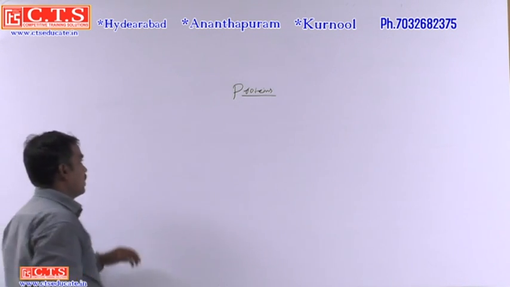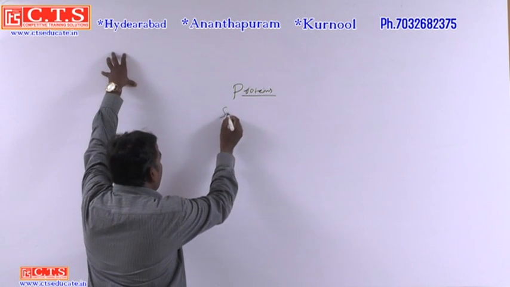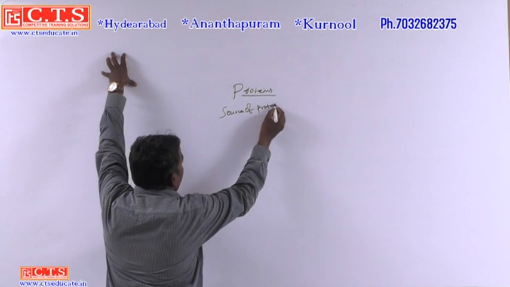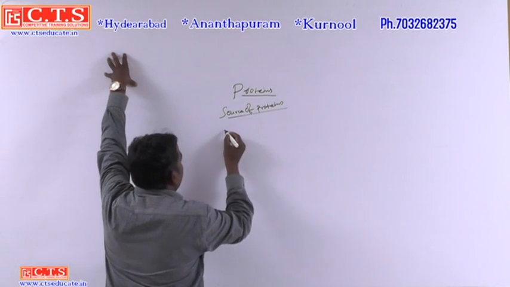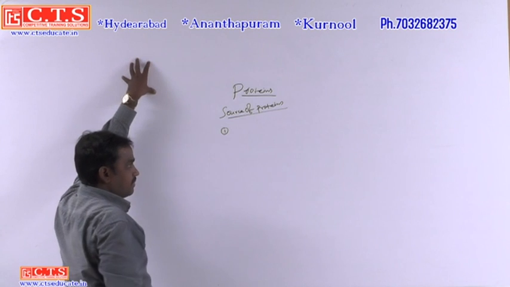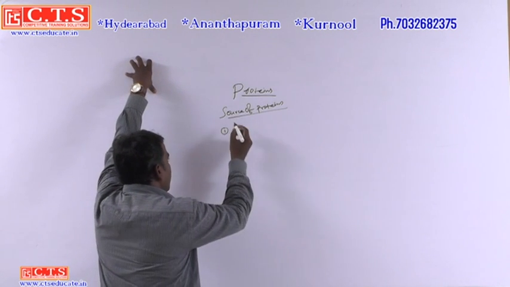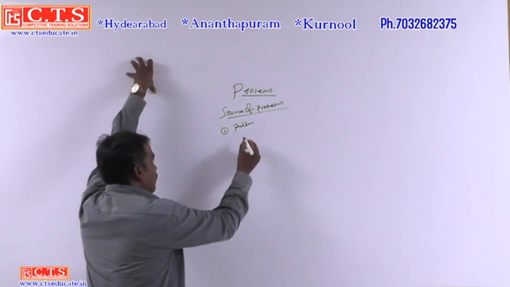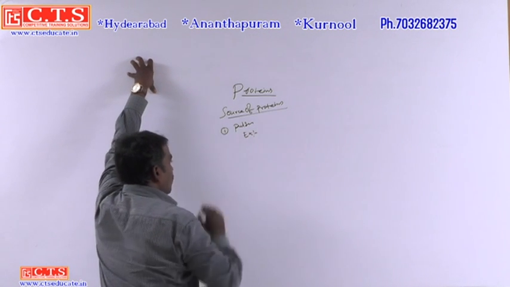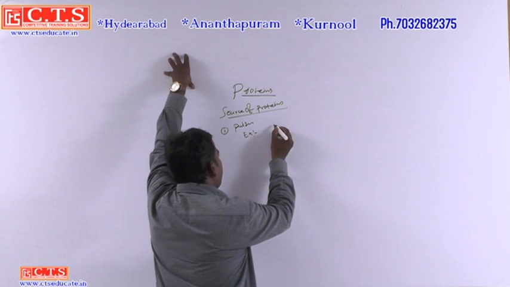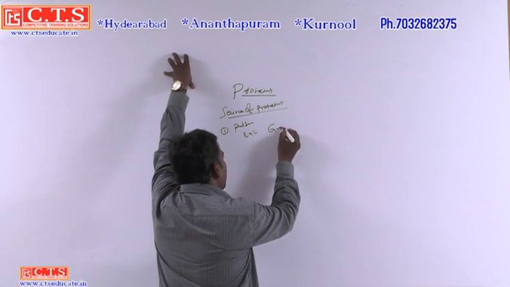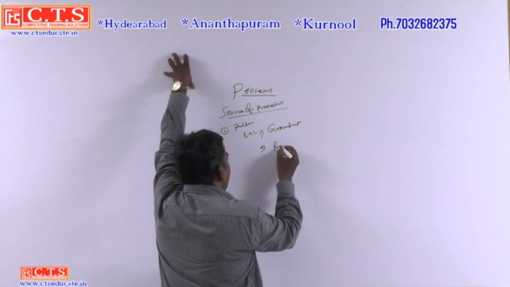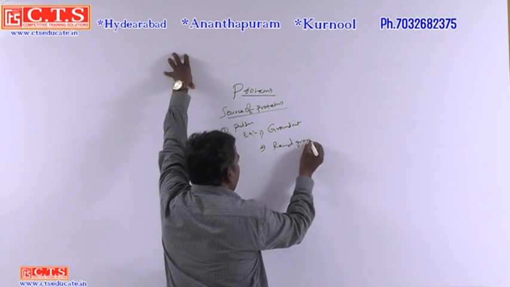Next one is sources of proteins. Number one, pulses, for example groundnut. Number two, red grams.